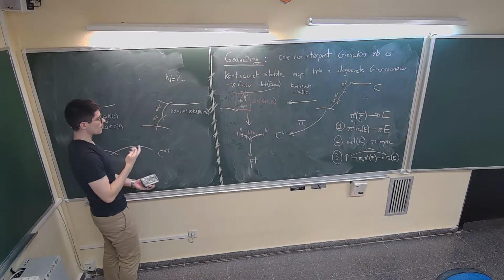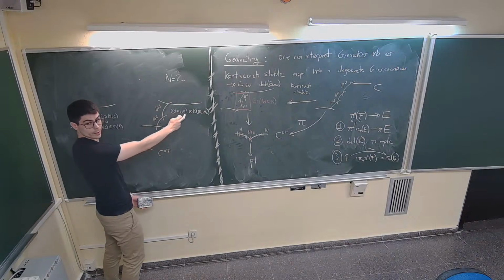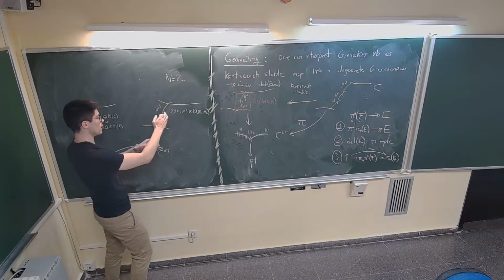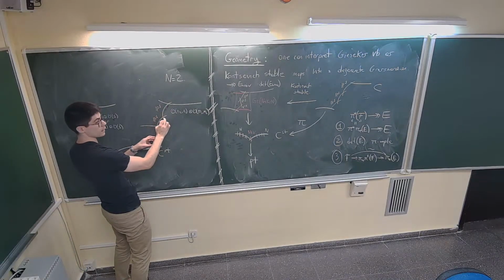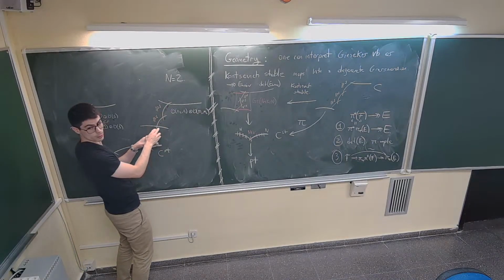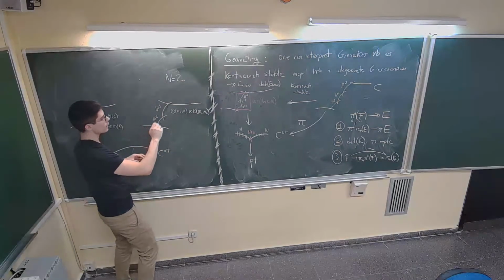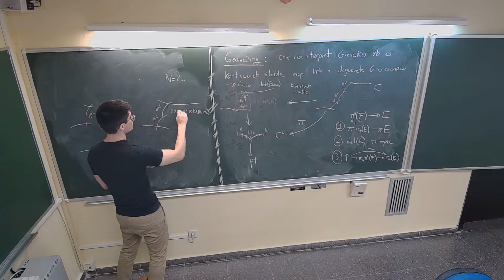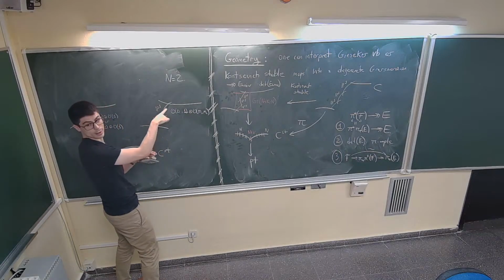And by the same thing that I was saying before, I cannot have (0,1,1), because that would mean that I could have a section of O(1) that vanishes at this point, and I glue it non-trivially to a section that vanishes at this point, and I get torsion. So I cannot have (0,1,1). I can only have (0,0,1), which means that it's trivial in here and an O(1) in here.